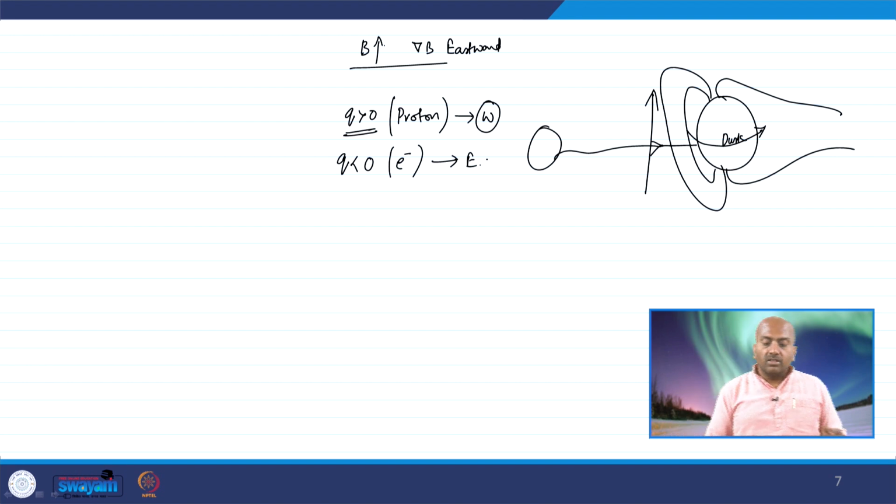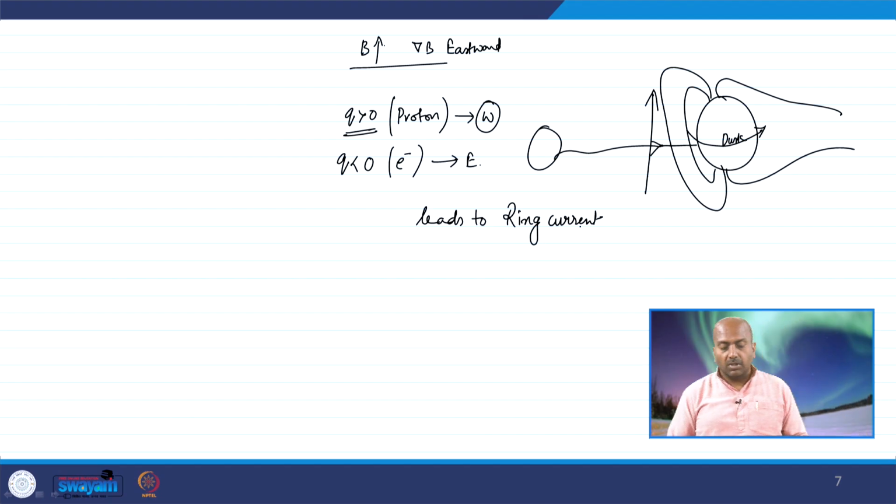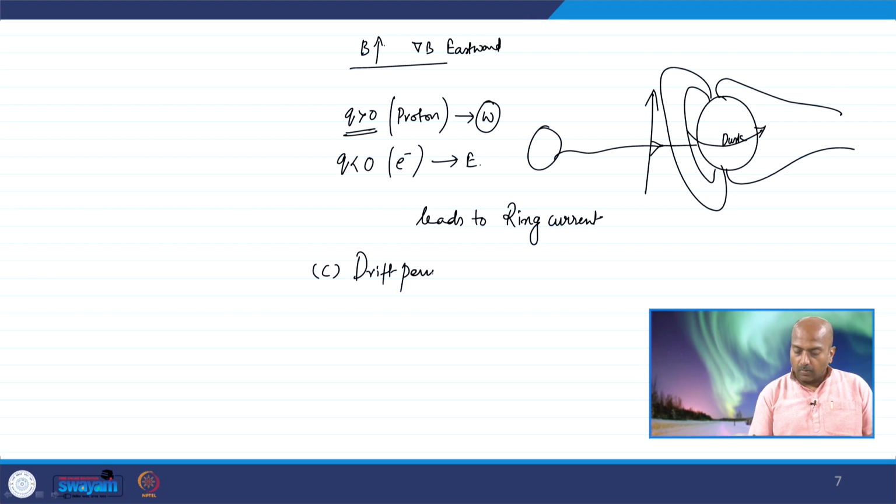Now, this separation is what actually leads to the formation of the ring current, which is the most important thing when we are discussing the space weather influence on the Earth. Subsequently, we can also calculate the drift period. The drift path C is equal to 2πL R_E in terms of the L value.